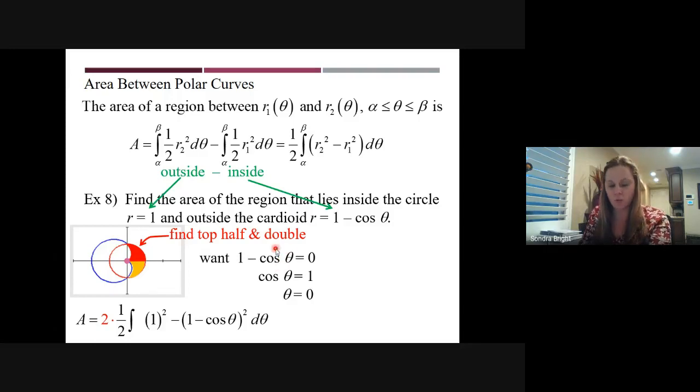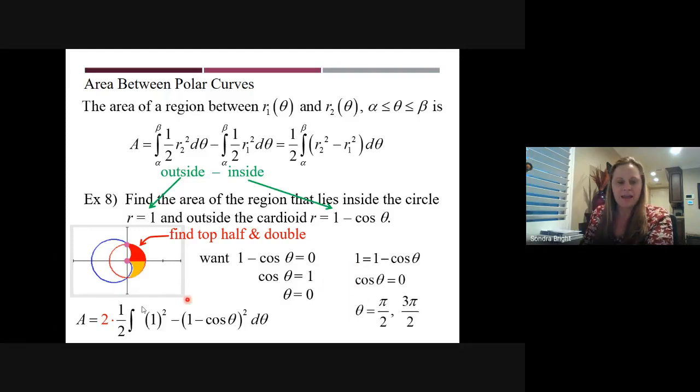And then you also want up here, which is where they're actually intersecting. You'll be drawing out lines from here all the way until you reach this point, which is when r is 1. So you set 1 minus cosine of theta equal to 1, and obviously your theta is either pi over 2 or 3 pi over 2.